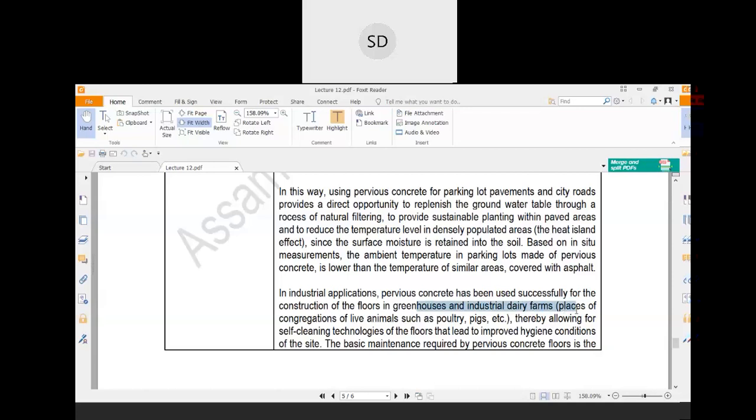So there are different uses of pervious concrete, and one of the groups from your final year senior batch is also working on it. They built some pervious concrete block sections, and I don't know whether they have tested that material or not, but they have finished that work.